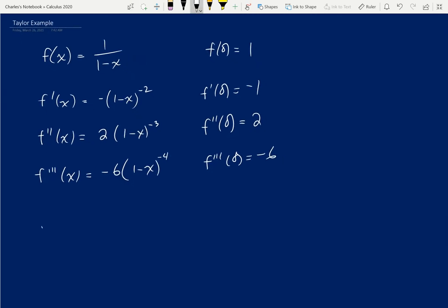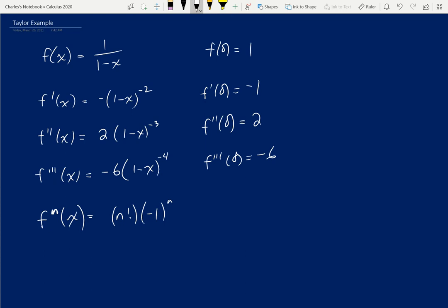And so then you might get sick of this and say, what's the general term? Now the general term is going to be f^(n) of x. What does it look like the pattern is here? Well, it's got an n factorial in it. And it also alternates, so I'm going to say that's negative 1 to the n, and then I would check. Negative 1 to the 0 would be positive 1. Negative 1 to the 1 would be negative 1.